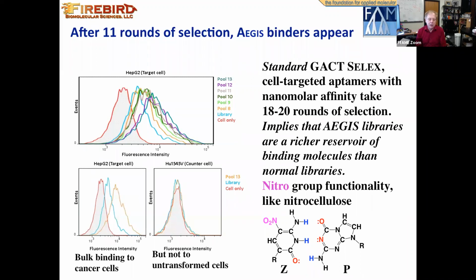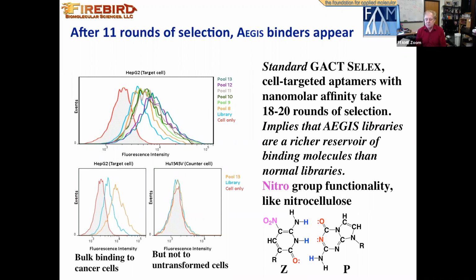But over time, you eventually get bulk binding to the cancer cells that's specific, and that's what the two panels below are. Again, the native cell, the aqua being the cells with the library as a whole, and then the orangey-yellow line being the ones that bind to cancer cells. And of course, they don't bind to untransformed cells, and that's because of the negative selection.